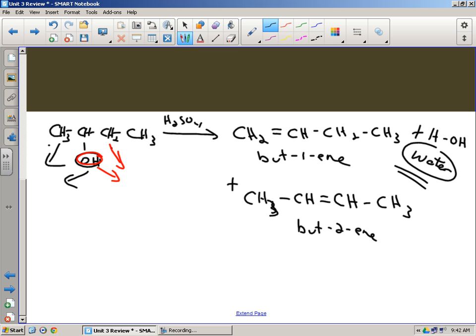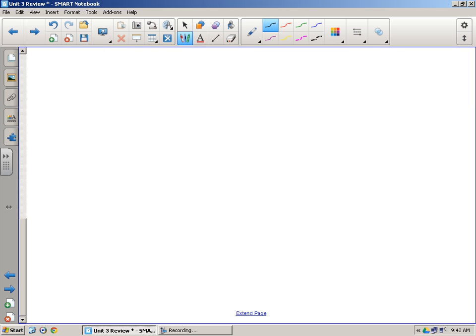The next one for those is this one here, 2-chloropropane and potassium hydroxide. And anytime you see potassium hydroxide, once again, you have to think, geez, what am I going to do with that?